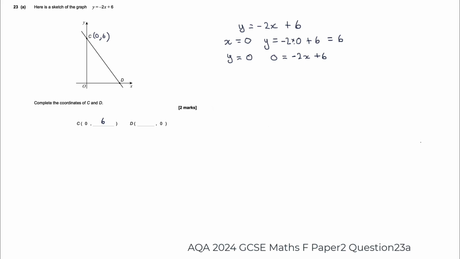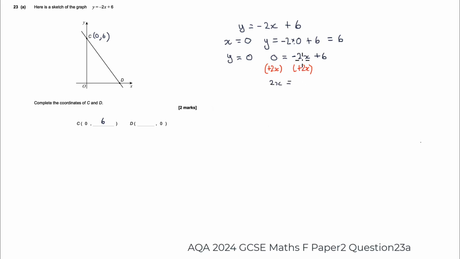Here's an equation to solve. So let's add 2x to both sides of this equation. Now the reason I'm doing that, you'll see in a wee minute, but when we add 2x to 0, we get 2x.